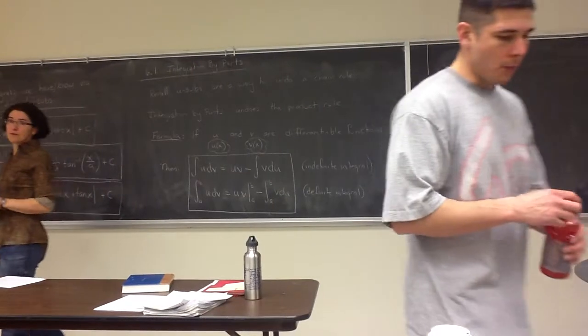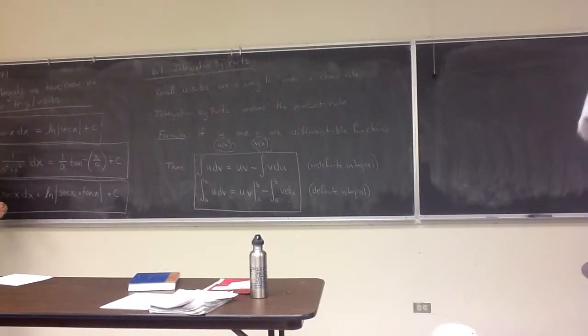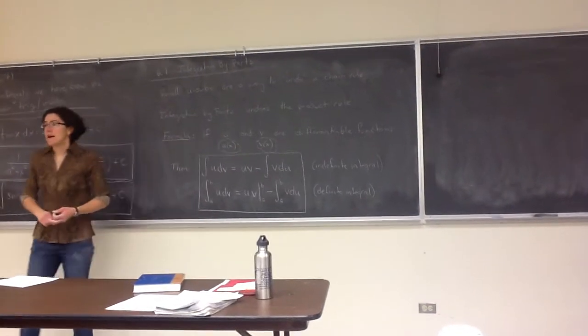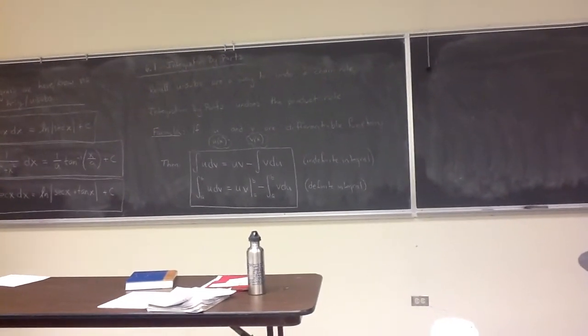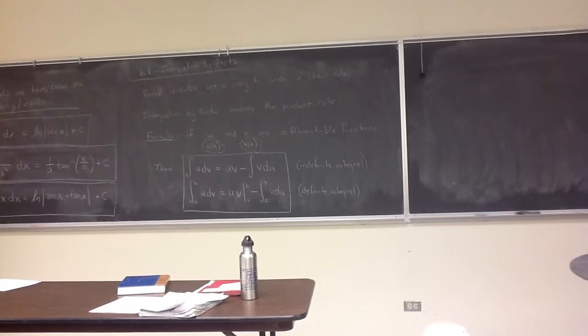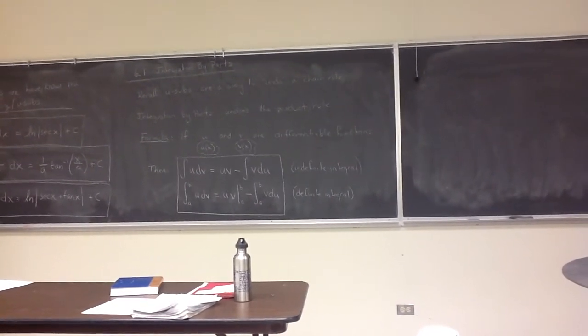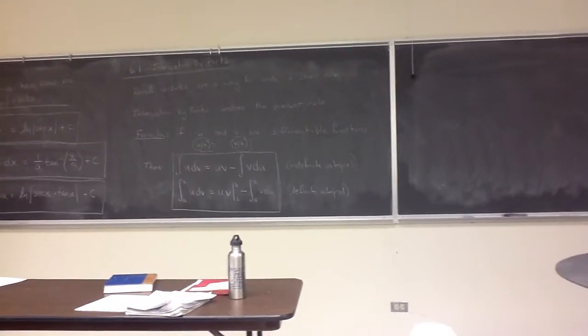So I'd like you to turn to one of your neighbors. Go ahead and turn to your neighbor, say hello. And I would like the person who is closest to this door to say the formula for integration by parts to the neighbor who is farthest away from this door. Ready? Go. UV minus super voodoo.